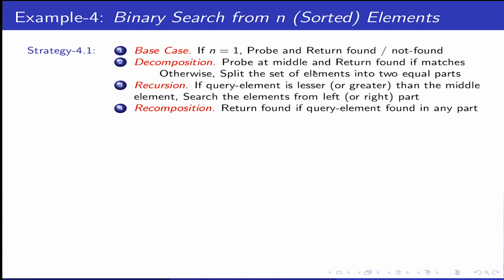Remember, the array is sorted, so the middle element and the query element in your hand: if the query element is lesser than the middle, and it is sorted in ascending order, it will always belong to the left part, because your query element is less than your middle. So the query element must lie in the left part.